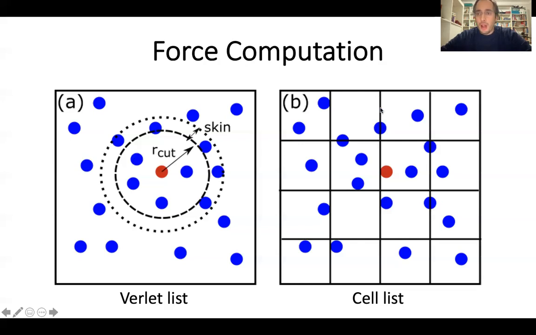If you have a larger size of the cells, imagine that you use R-cut. If you use R-cut, with one particle in the center, you'll have up to this sphere around the center. So you have a lot of parts of the cells that will be checked, with particles that will be checked, but that are not inside the R-cut. So you'll have a lot of false tests that you don't need.